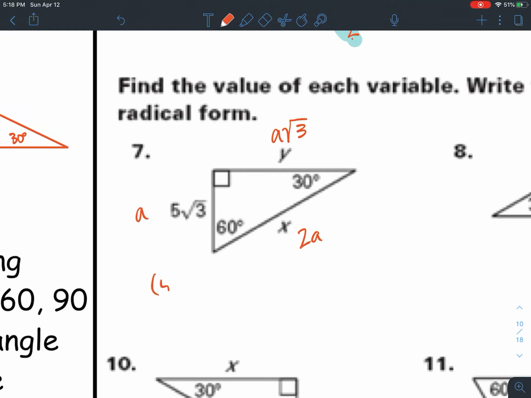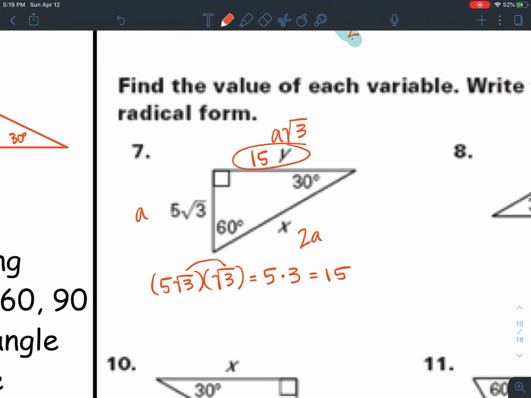So if my short leg is 5 square root 3, and I multiply that by the square root of 3, outsiders can mingle, so the 5 stays. And when I multiply root 3 times root 3, it's just a 3. So my long leg has a value of 15.